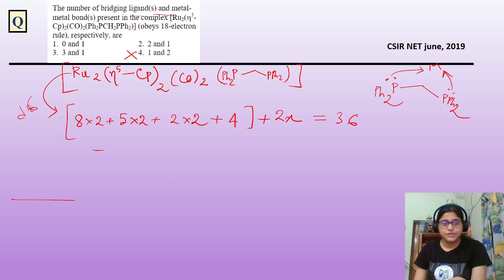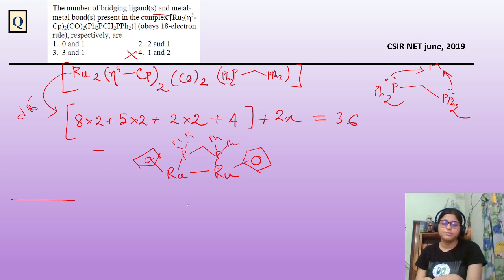So here it will be like Ru, one metal-metal bond is present, and each Ru has one Cp ring. One bridging ligand is obviously present here, that will be PPh2, as it is bidentate and two metals are present, so it will bridge.